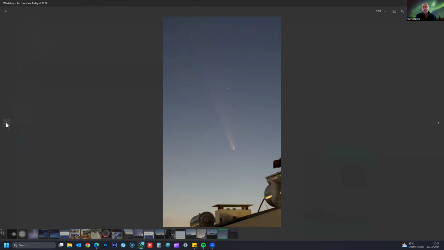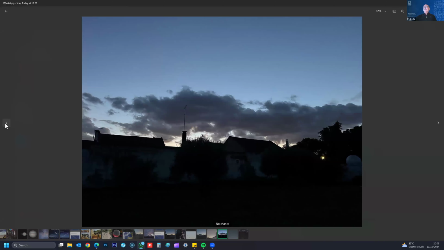I wish I could have seen it yesterday because we had a superb low horizon, but it was just cloud all week. For me it's like this here at my observatory. So I'm really unlucky because all the clouds are close to the horizon. That's what I had last night. It's totally clear and clouds at the horizon.